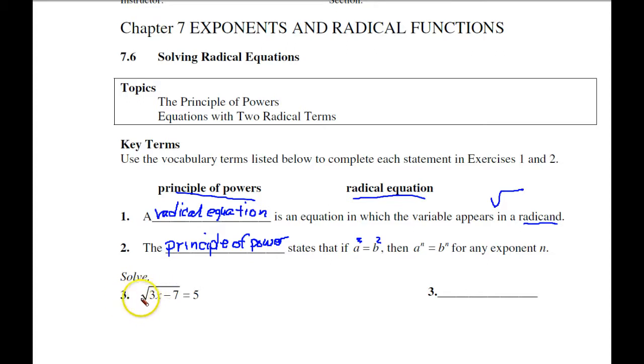Now, how do you get rid of a radical? Well, you look at the index number. Again, we don't write the 2, but we're going to raise this radical to the second power, and we do the same thing to the other side. So when we do that, we take away the radical sign, put this 2 under this 2, and it just becomes the radicand.